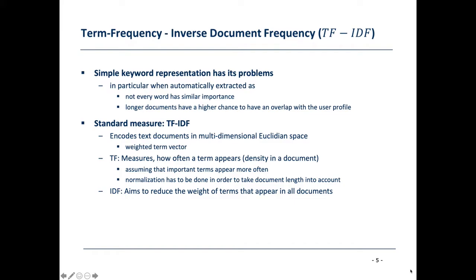So the term frequency is the density in a document, and the IDF, the inverse document frequency, is there to show whether or not the term has significance with respect to it being rare.